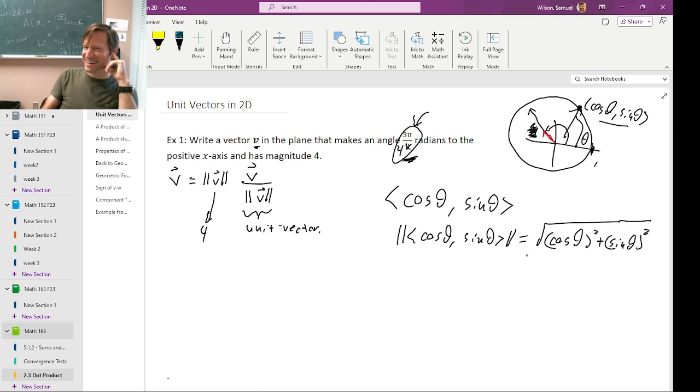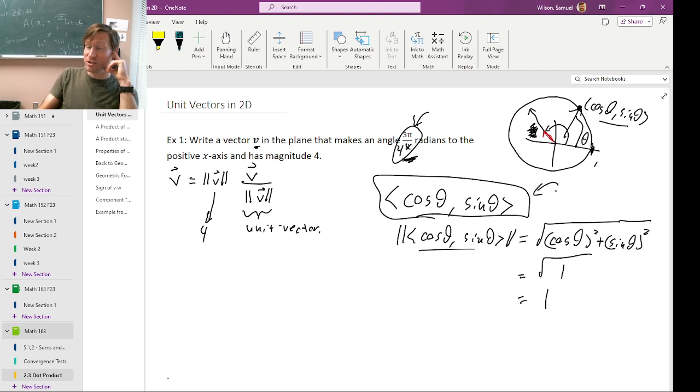But wait a second, cosine squared plus sine squared is 1. So this vector here already has unit length. So this is a unit vector. The nice thing about sine and cosine is they produce a unit vector. All we have to do is feed the direction we want into this angle, and it will give us the appropriate unit vector. So to finish off here, we already knew the magnitude we wanted is 4.